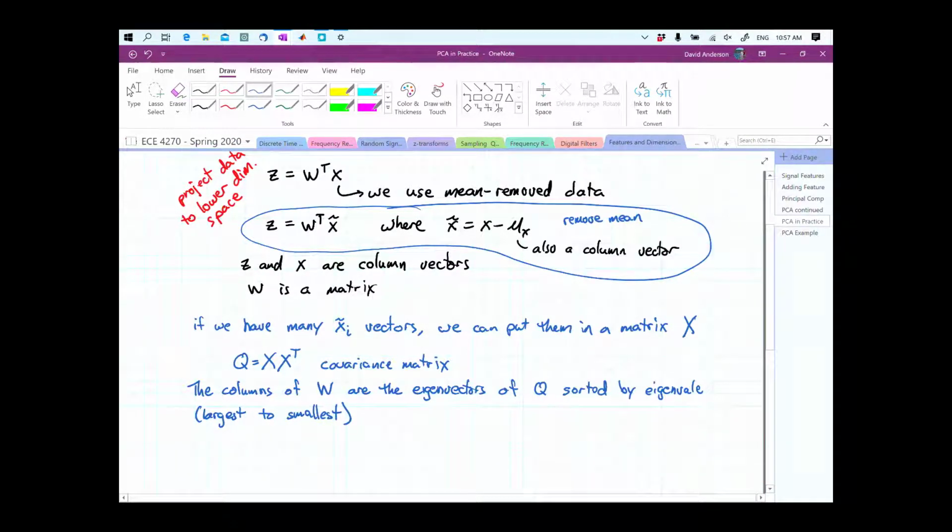Now, we could use all of the eigenvectors of Q, and since Q is symmetric and square, it's going to have all orthogonal eigenvectors.